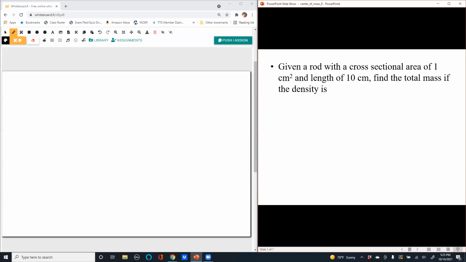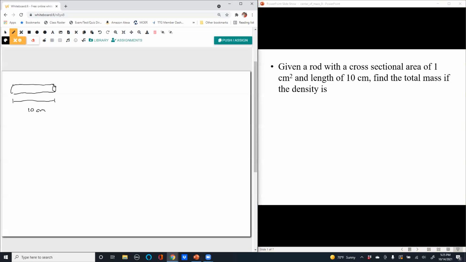So first, let's talk about a rod with a cross-sectional area of 1 square centimeter and a length of 10 centimeters, okay? So here's our rod, and we've got a length of 10 centimeters.